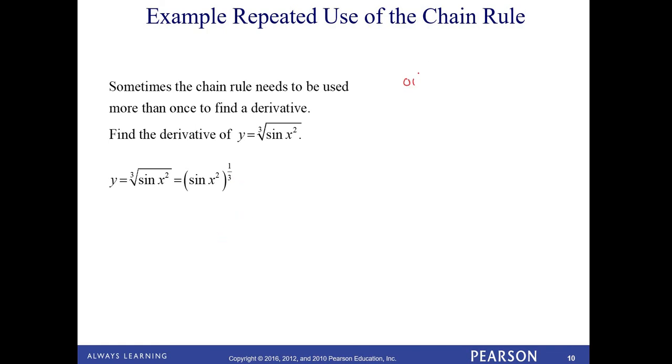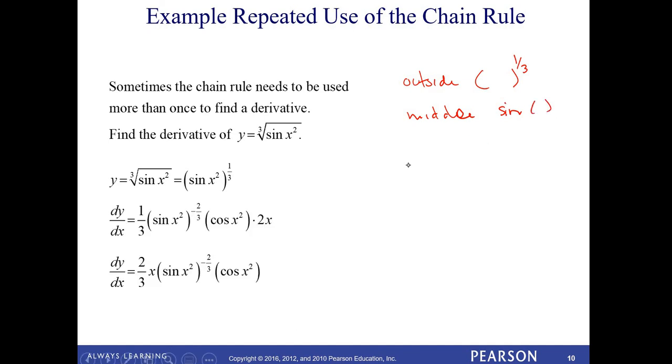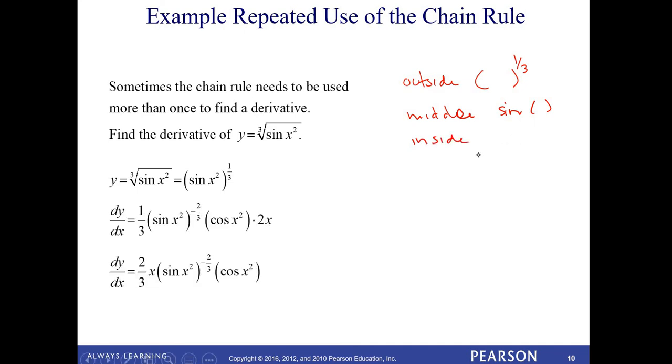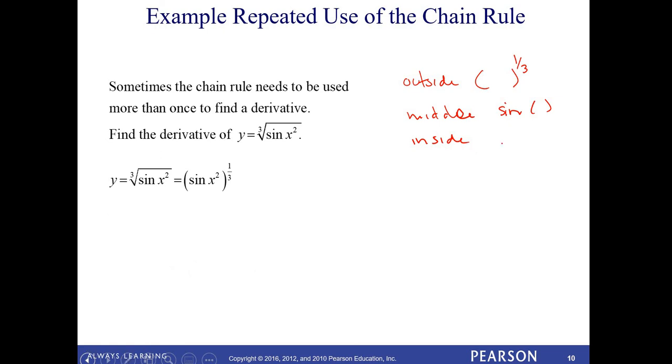So my furthest outside function is something raised to the 3rd power. My middle function is the sine of something, and my very inside is my x squared.